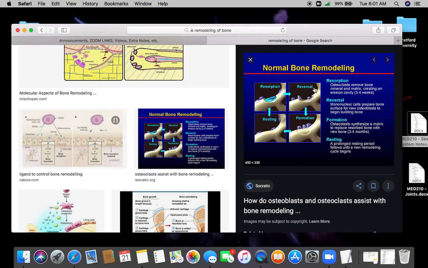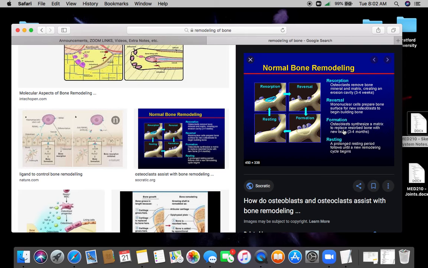They start breaking down the bone and removing the minerals out of the bone, okay? And then mononuclear cells start rebuilding everything. But before we can make new osteocytes, we have to make osteoblasts.